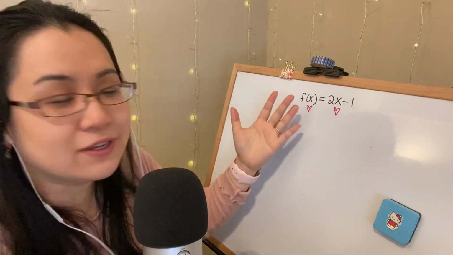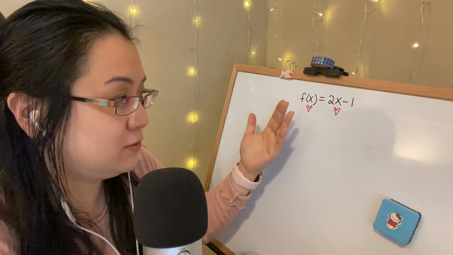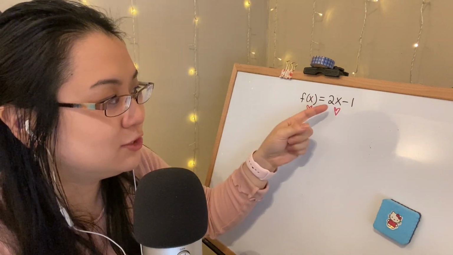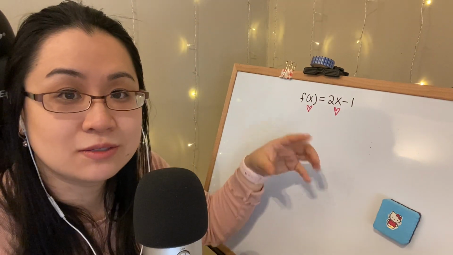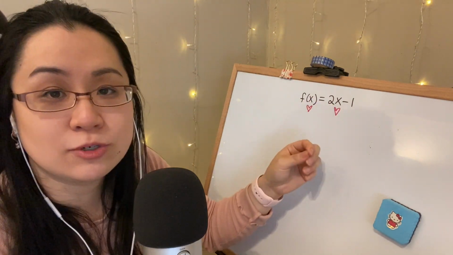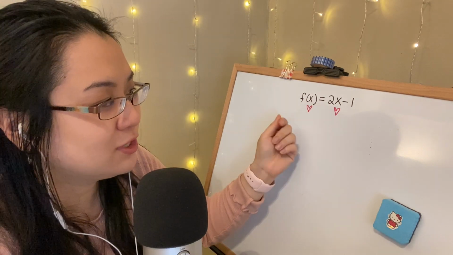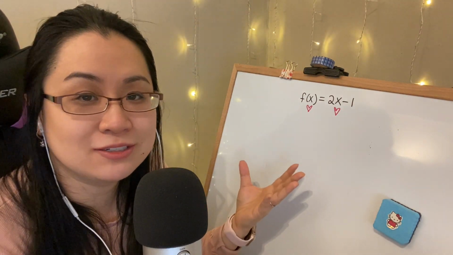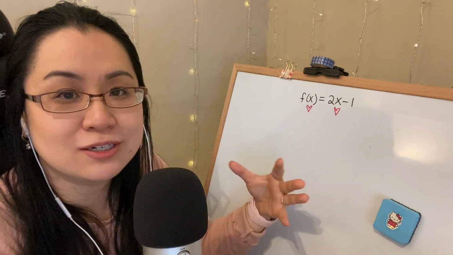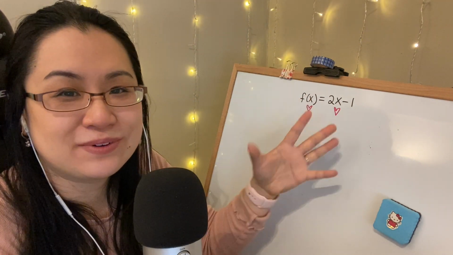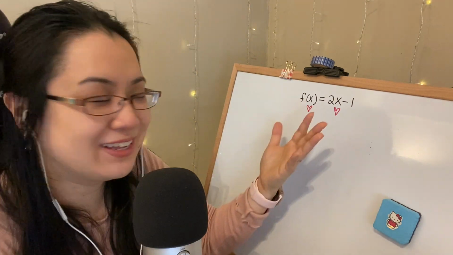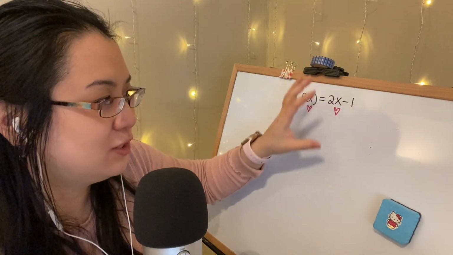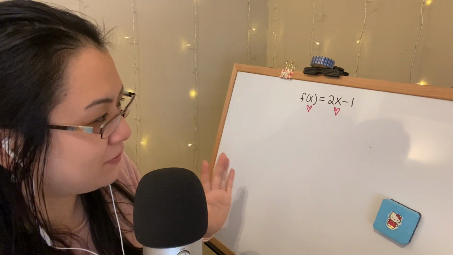So if I give you a particular value for x, then this says do 2 times that x, whatever that is, and then subtract 1. And you do the 2 times first and then the minus 1 because of order of operations. So that's the PEMDAS or BEDMAS or whatever acronym you might have learned, but multiplication first and then subtraction because there's no parentheses or anything here, okay?